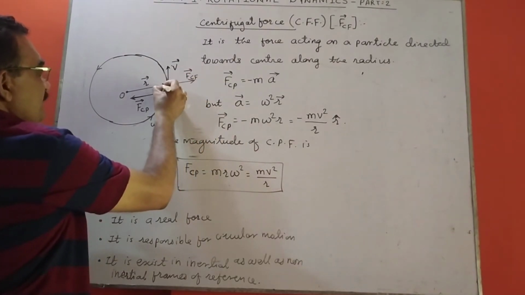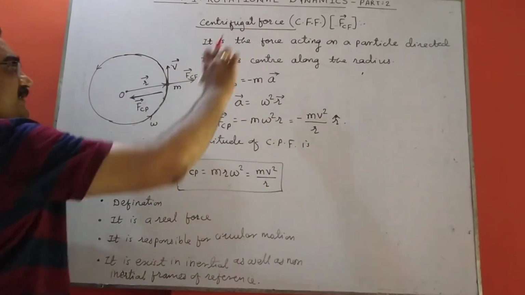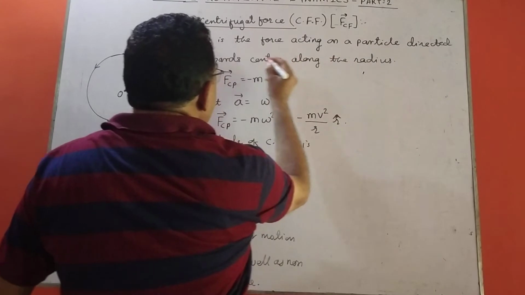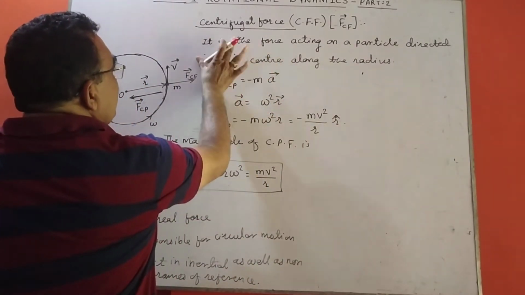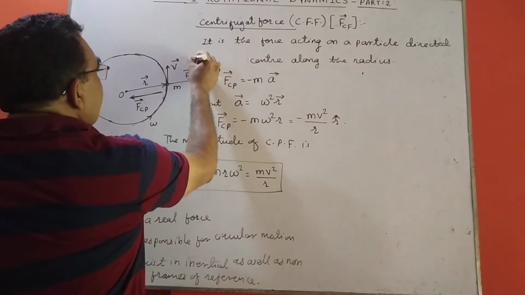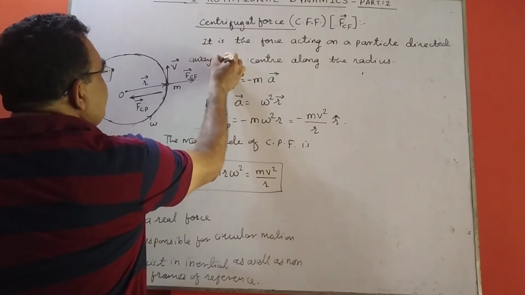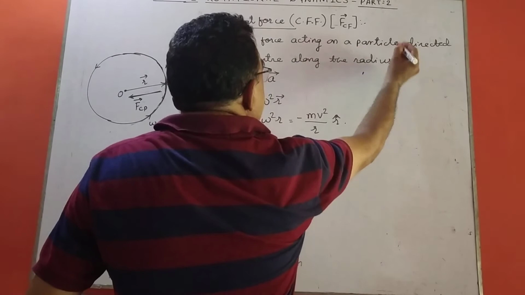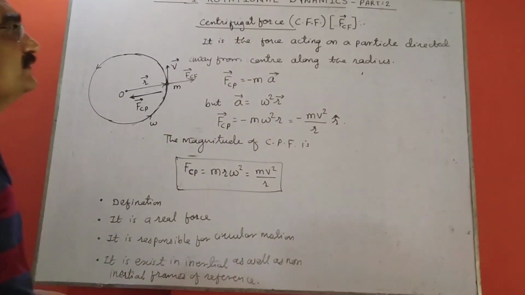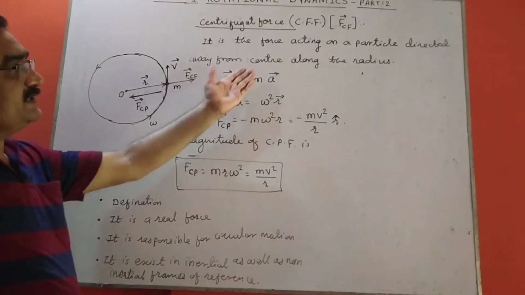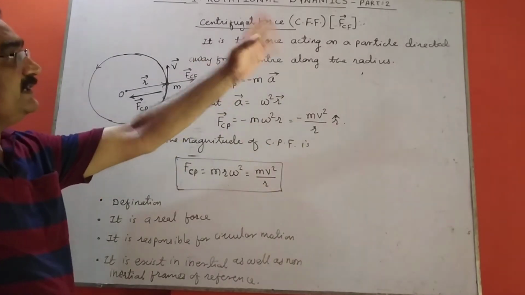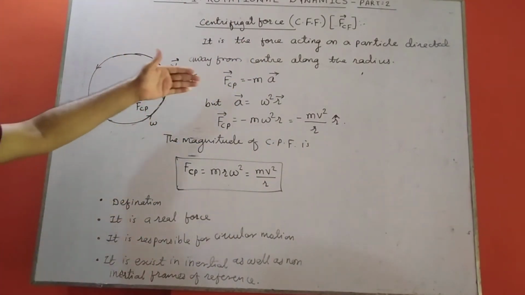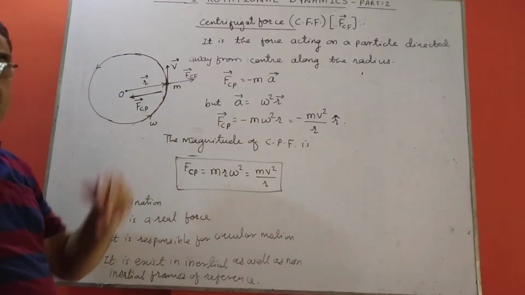The direction of R and the direction of F CF are the same. So it is the force acting on a particle directed away from the center along the radius. This is also due to centripetal acceleration.